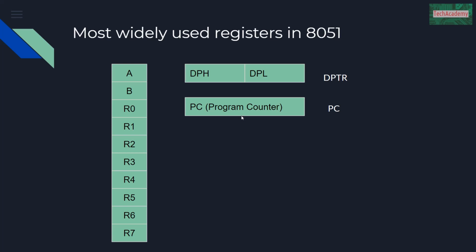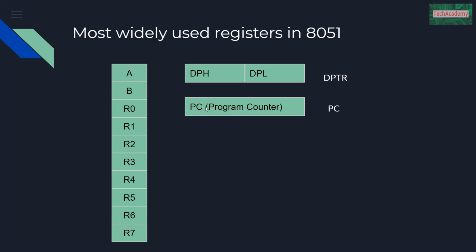If 8051 had this as a 32-bit register, then we would have support for a maximum of 2 raised to 32, that is that much wider memory or ROM available in 8051. But as this program counter is only 16-bit, we can only have 64 KB, that is 2 raised to 16, of external or internal EEPROM.